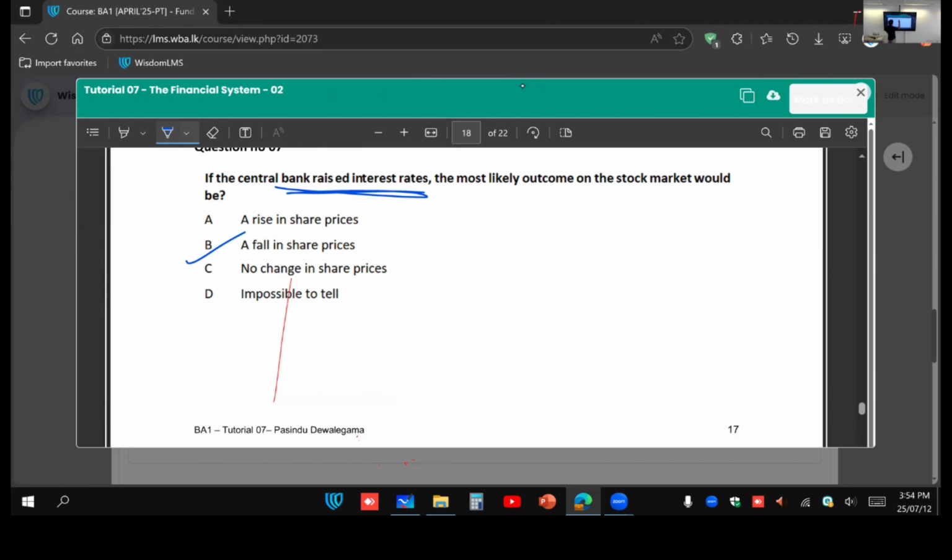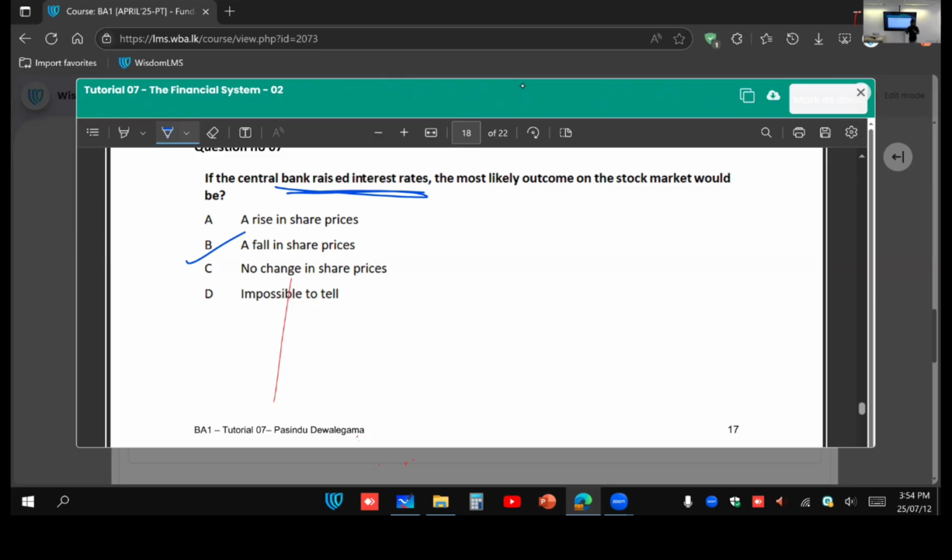When they raise the interest rates, the companies will have to allocate more profits in terms of borrowing. So the company's profits will drastically come down. Because of that, confidence towards the shares from the shareholders will drop, and as a result, the share prices come down.